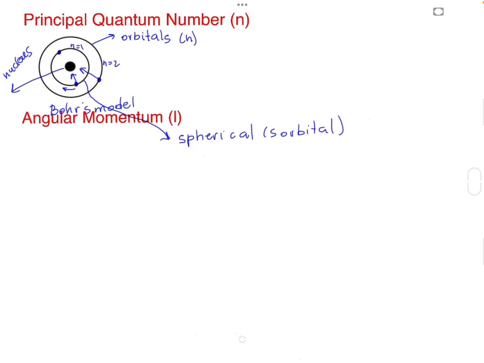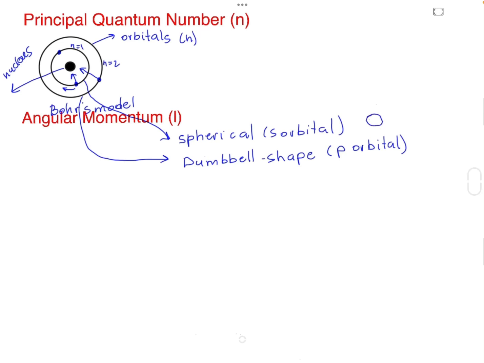The second one, the P orbital, would be a dumbbell shape. The third one would be a clover leaf shape. The fourth one, the F orbital, has a more complex shape.